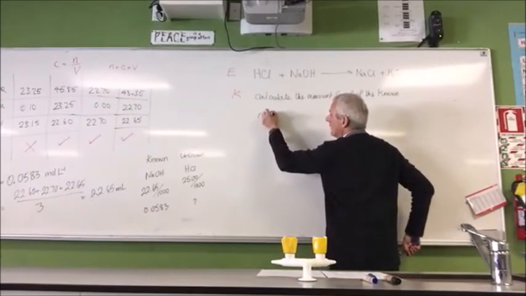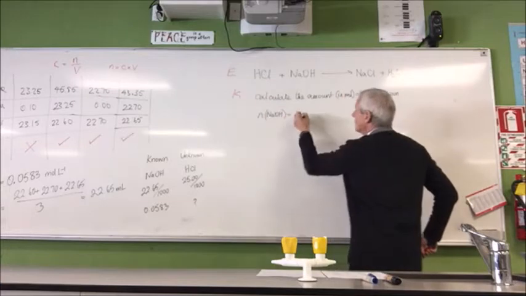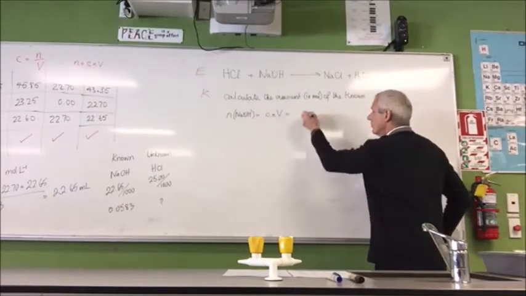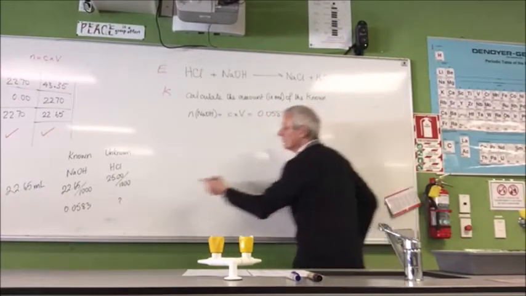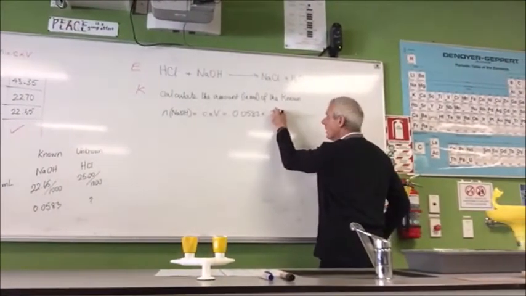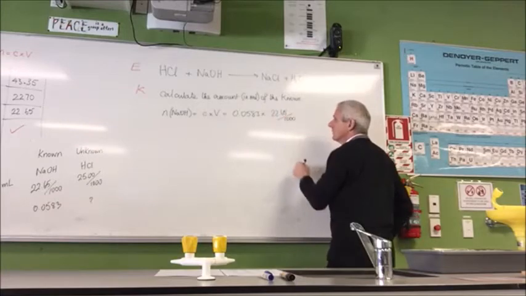So N of NaOH is equal to C times V, which is 0.0583 times the volume, which I've already converted into litres. Don't forget to do that.